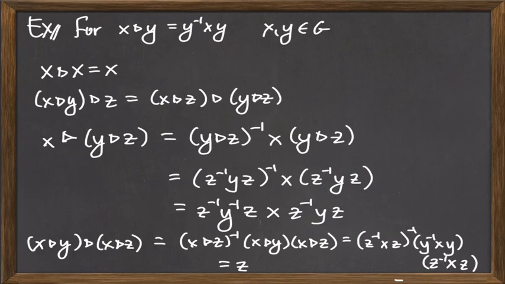Yes, the inverse of a product is the product of the inverses in the opposite order. So that's going to give me Z inverse X inverse Z, Y inverse X Y, Z inverse X Z. And I think I have something different. I don't think one of those simplifies into the other, or if it does, I don't see an obvious way to do that.